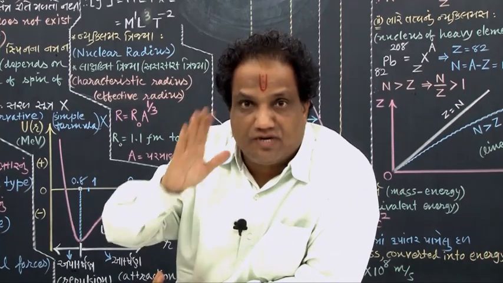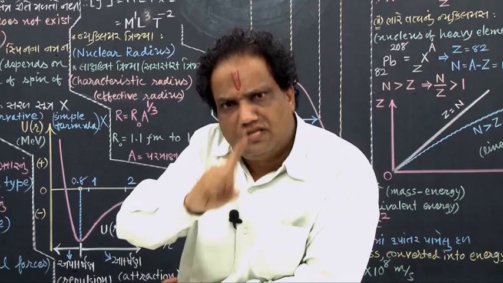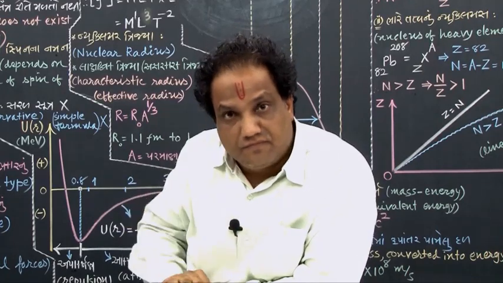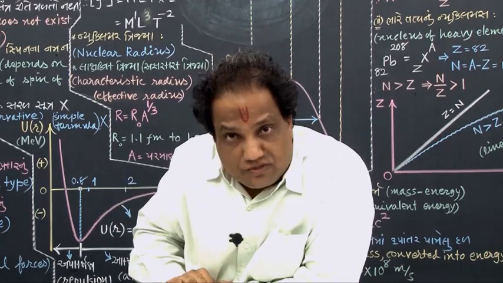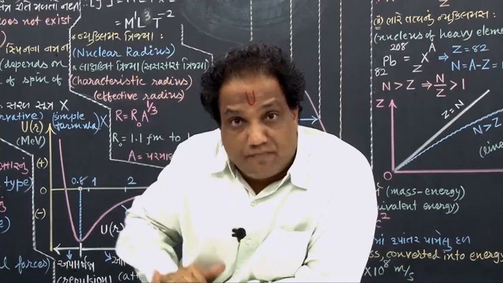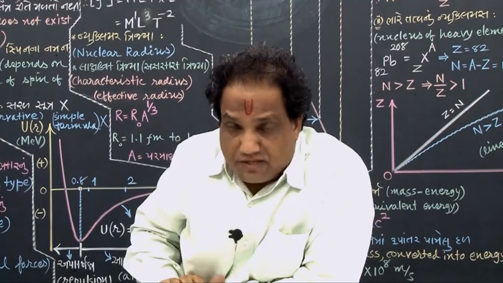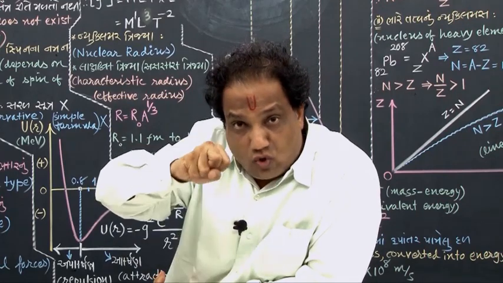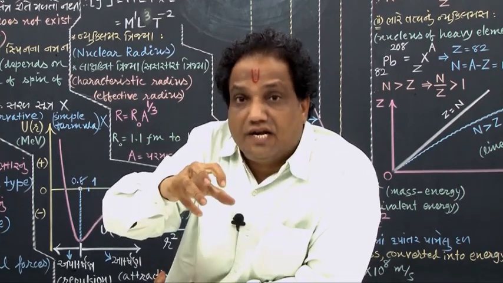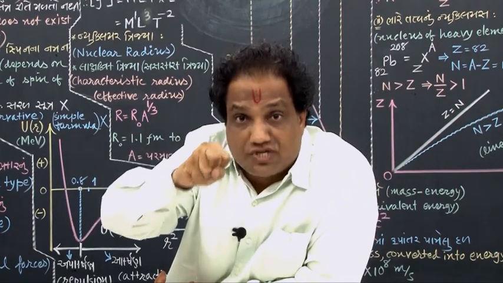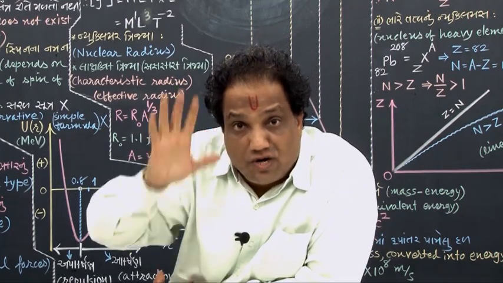Yes, experiments have proved that these attractive forces really prevail between the nucleons and balance the repulsive force. And when attractive forces balance repulsive forces, nucleons can remain so close to each other, and that is why they remain in a bound state in the form of a stable nucleus.